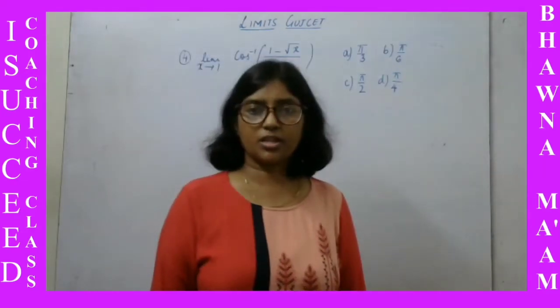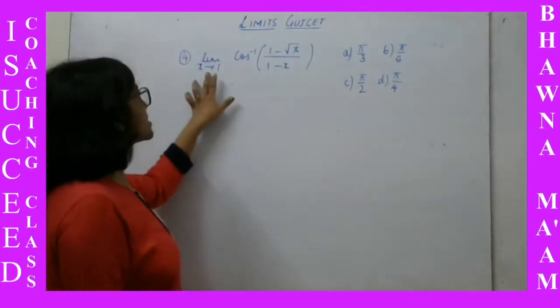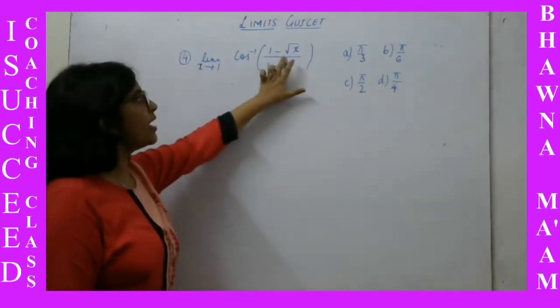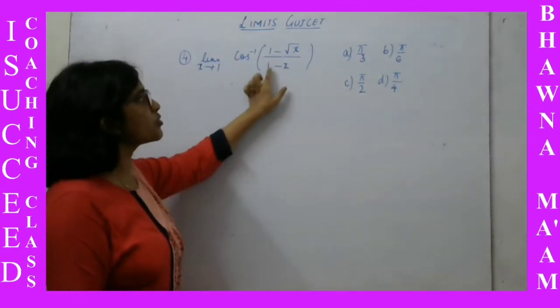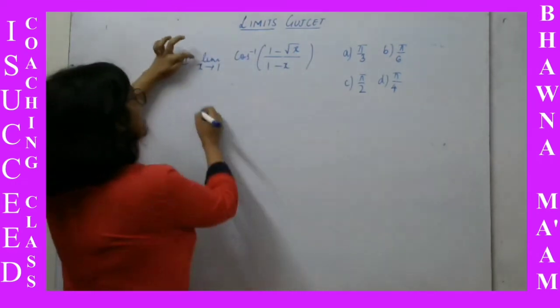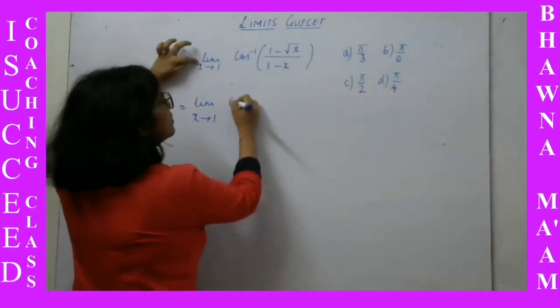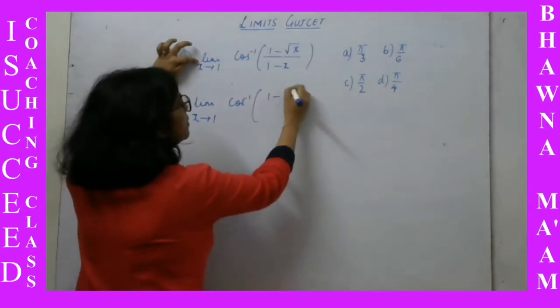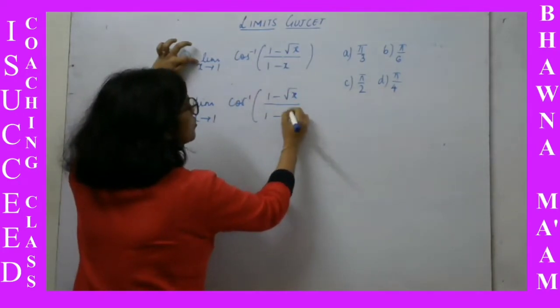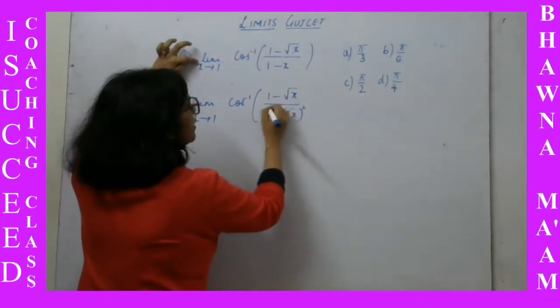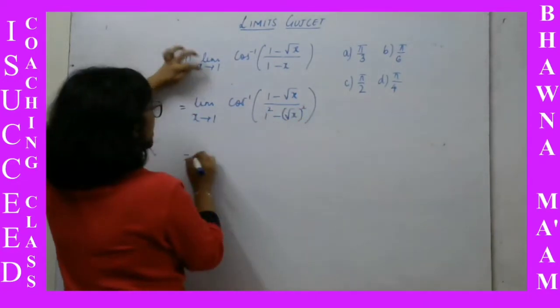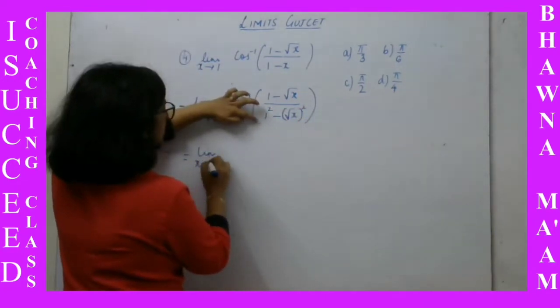To the next, fourth question. Limit x tends to 1, cos inverse, and as you can see, it is 1 minus root x upon 1 minus x. Very clear that we can use 1 minus root x square and 1 square, so that we can apply a square minus b square in the denominator.